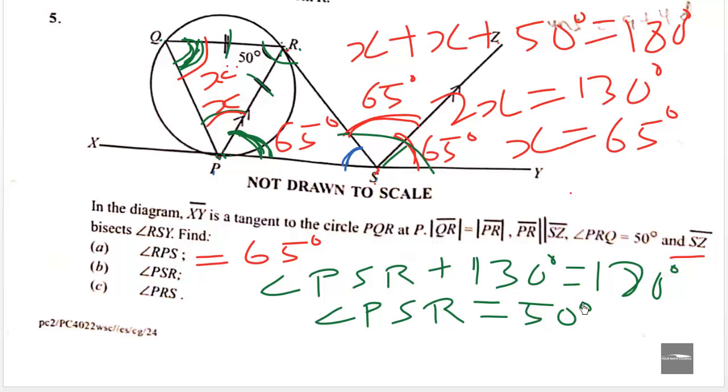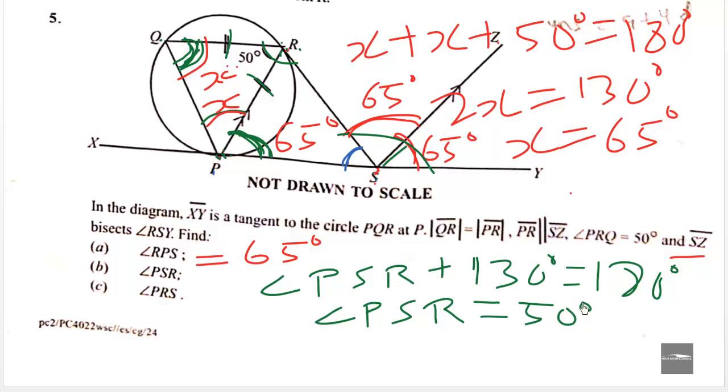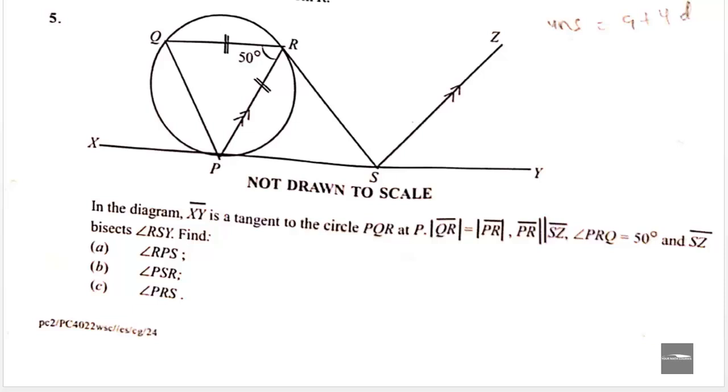Then we are asked to calculate angle PRS. Angle PRS. So we found this to be 50, this to be 65.